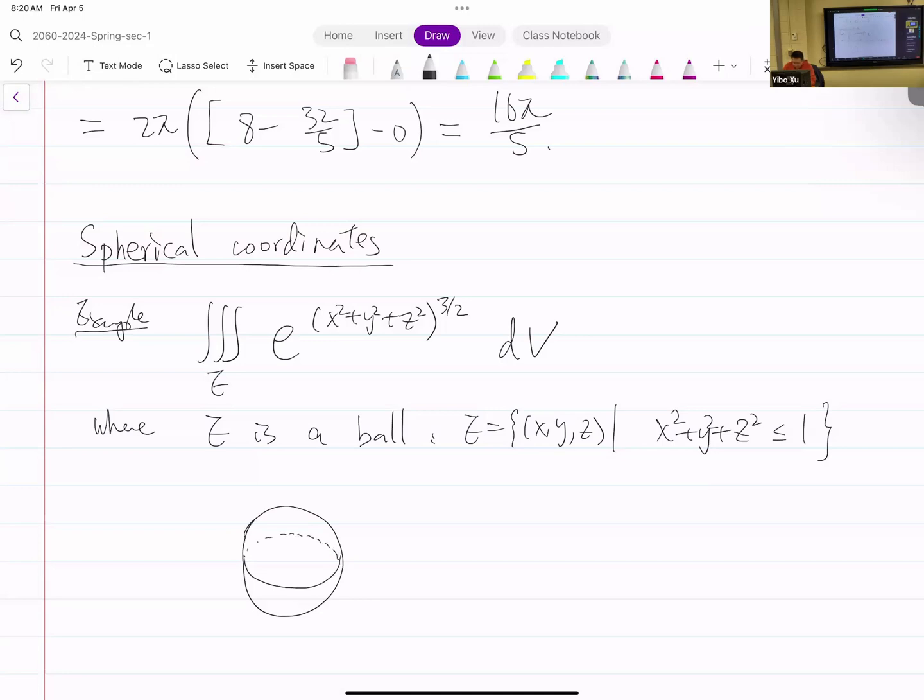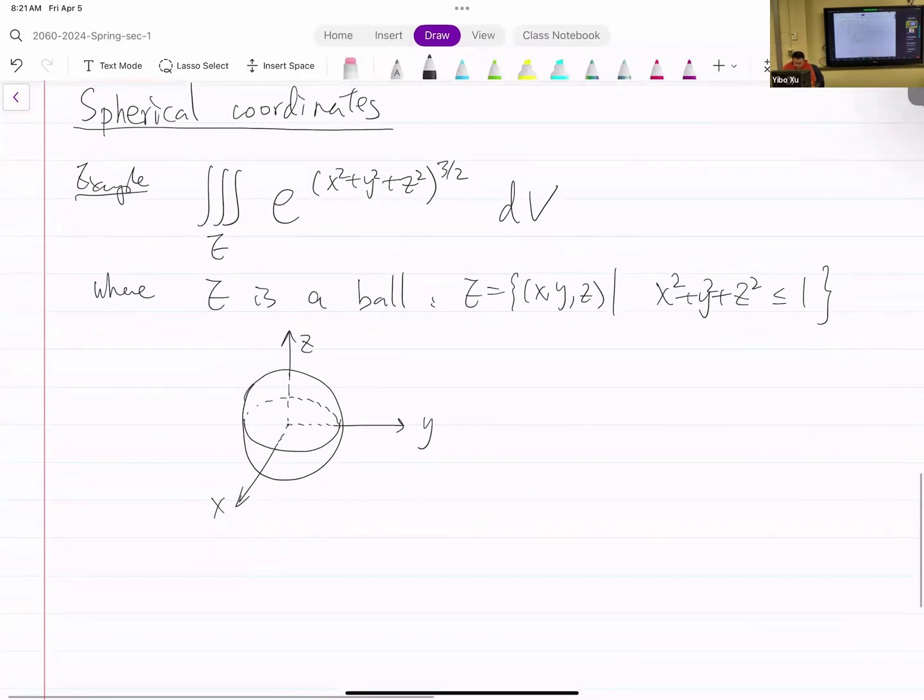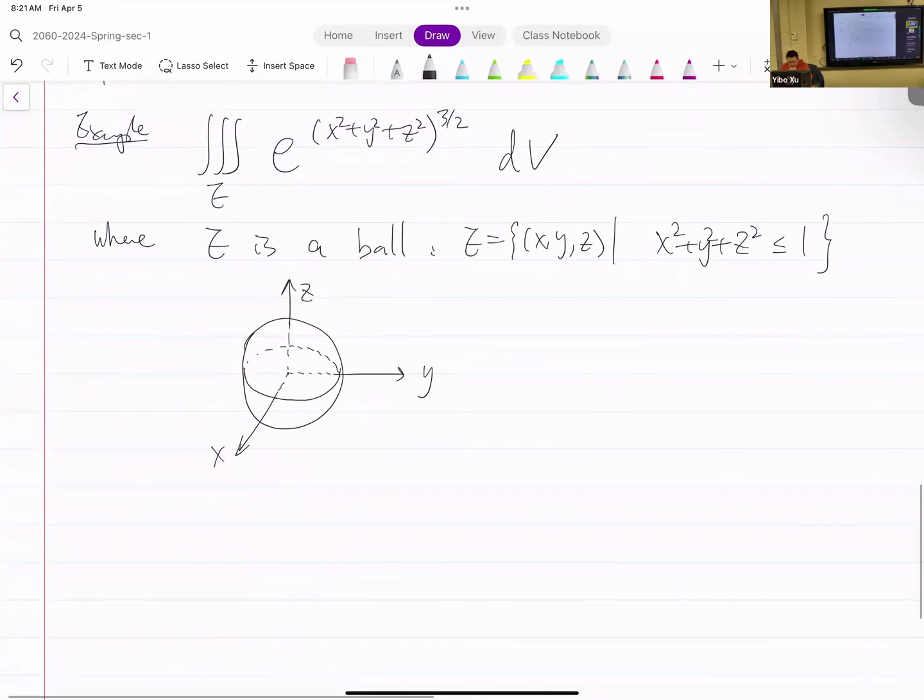the cross section in the XY plane is exactly the unit circle. Right, so now let's quickly look at the iterated integrals that we can write out given the XYZ coordinates or the cylindrical coordinates.